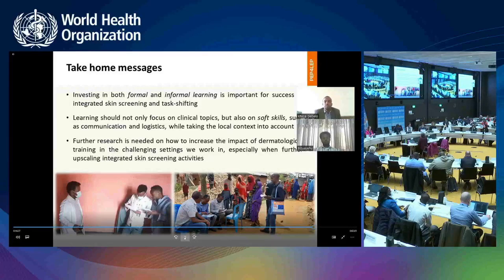Investing in both formal and informal learning is important for the successful service that will be considered with the integrated skin screening, and task shifting can also be considered. Learning should not only focus on clinical topics, but it should equally focus on soft skills such as communication and logistics.